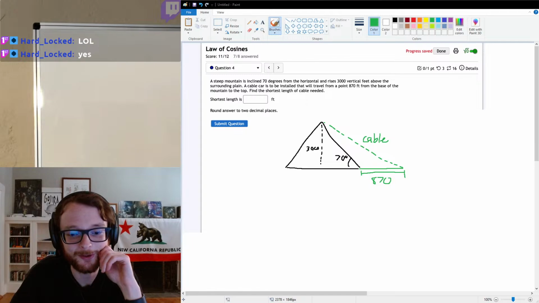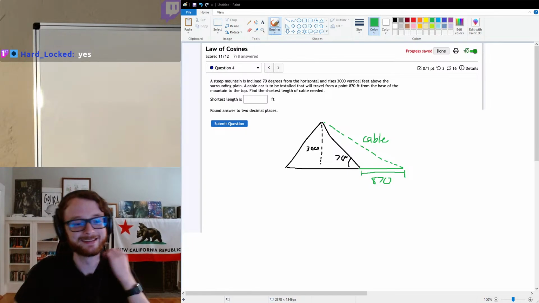Because if this vertical height is 3,000, there's no way this length over here is going to be 3008.